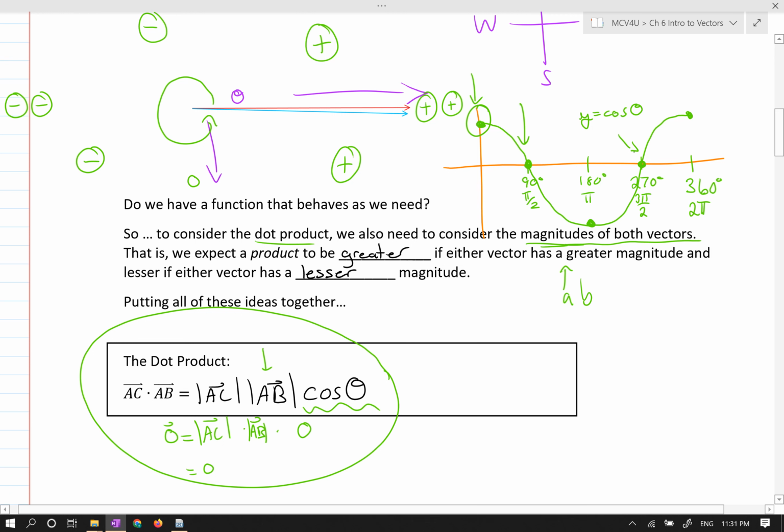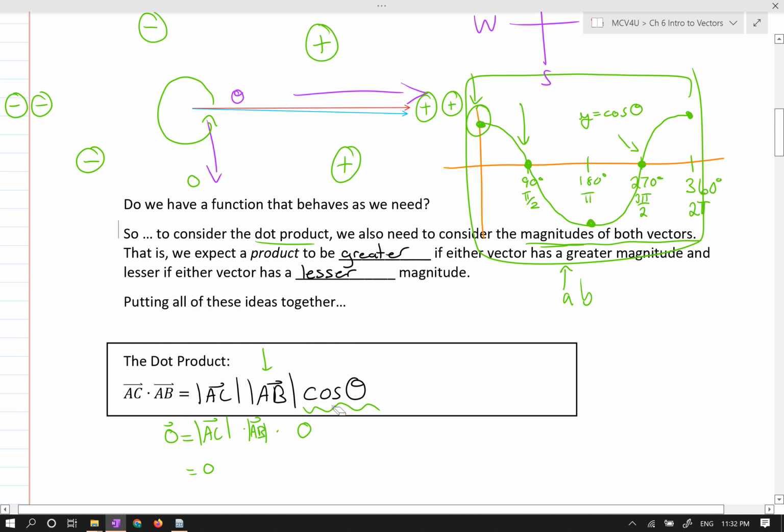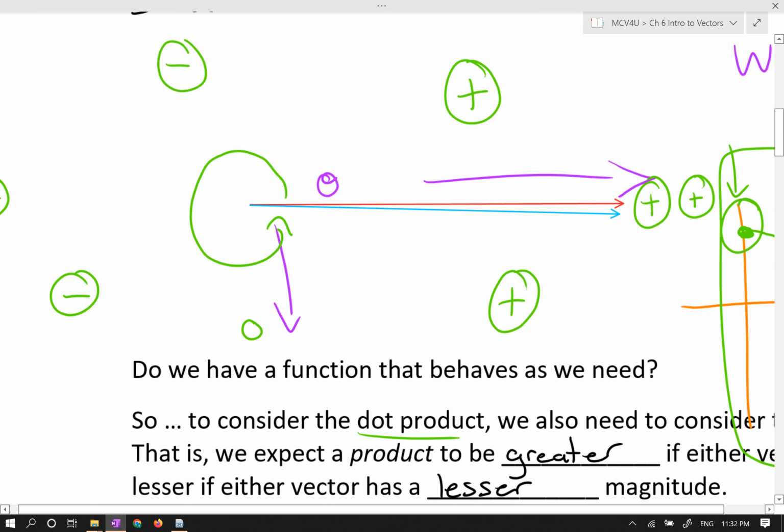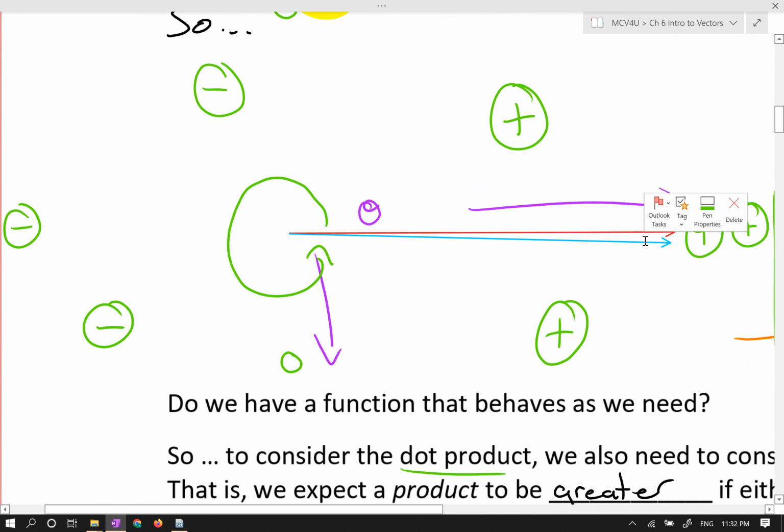Those are the only two ways for your cosine of theta to equal 0 if we're considering an angle between 0 and 360 degrees, which makes sense given the context of our problem right here. All right, so if the cosine of theta equals 0, that means that theta is equal to 90 degrees or 270 degrees. Now, what does it look like? What would we be expecting our sketch of our two vectors sketched tail to tail?